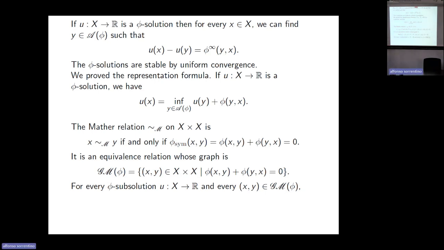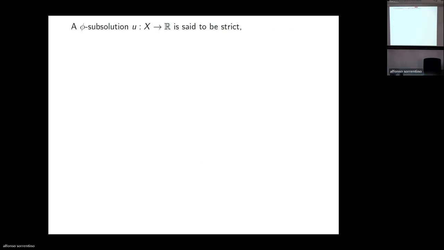And for every phi subsolution u and every (x, y) in the graph, we had u(y) minus u(x) is phi(x, y). So instead of having an inequality, we have equality when the pair is in the graph of the Mather relation.